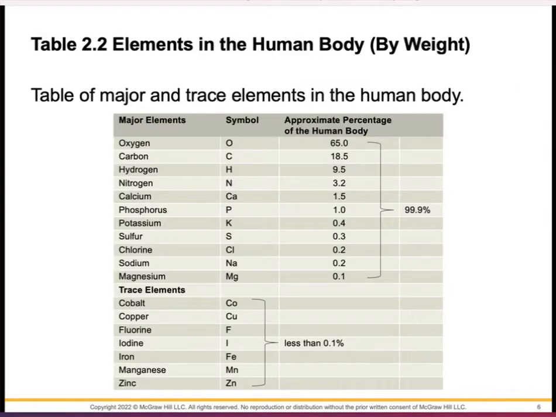All right, so now we're going to talk about some more of the major elements and traces within the human body. But first, I want to refer to, we don't have a picture here, but we have something within the scientific world called the periodic table of elements.